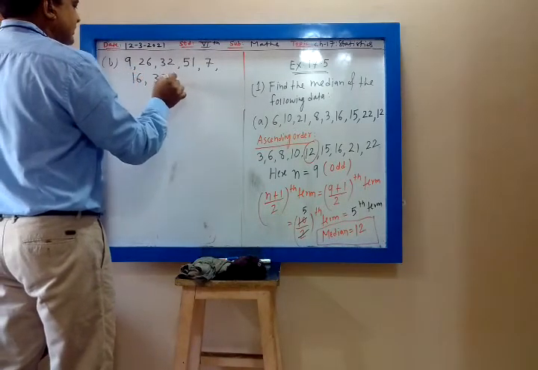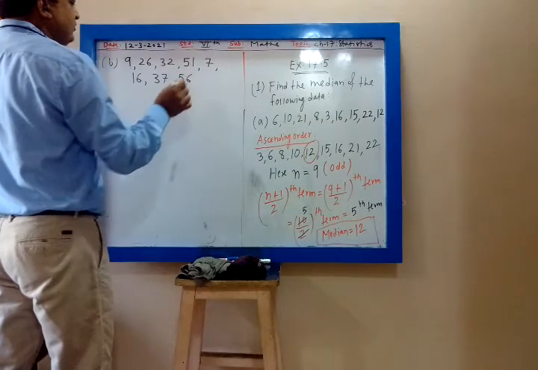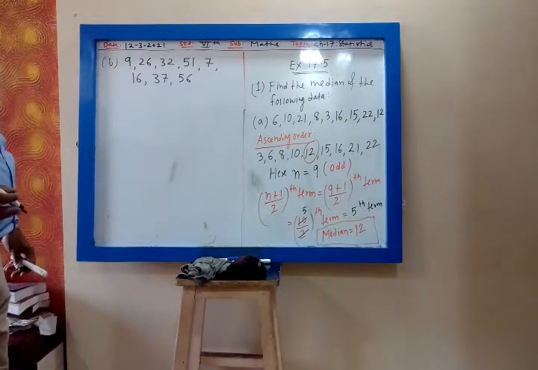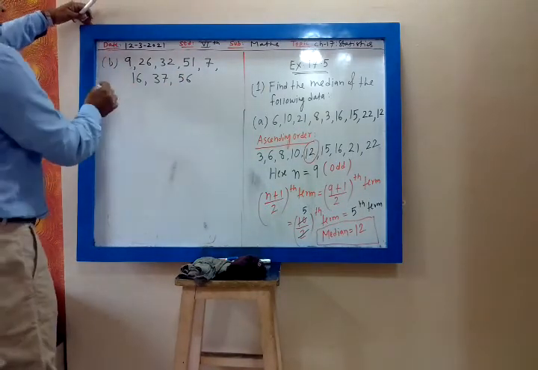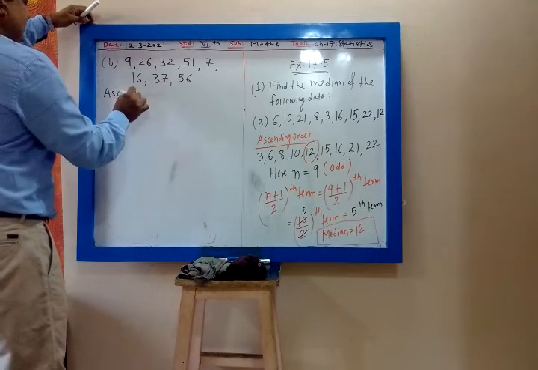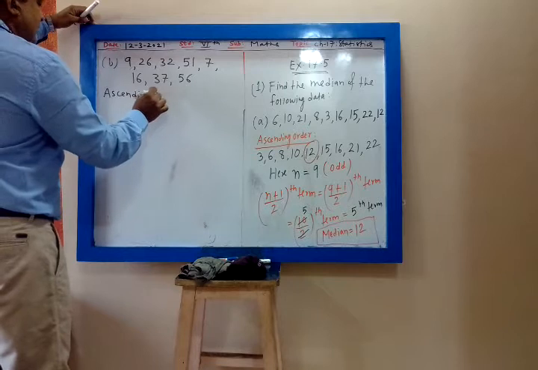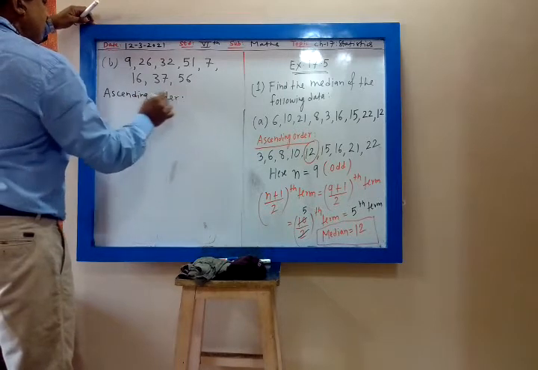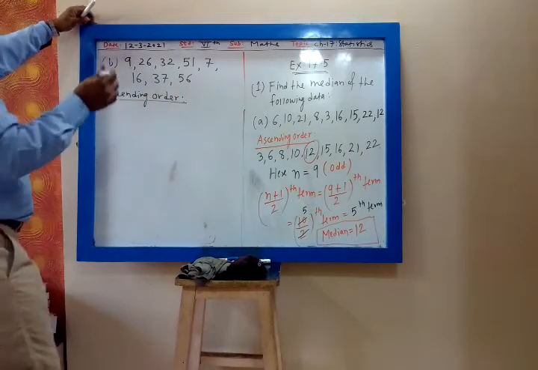Whenever it is asked to find the median, your first job is to arrange the data in ascending order. Ascending order is a must. Ascending order means smaller to bigger.